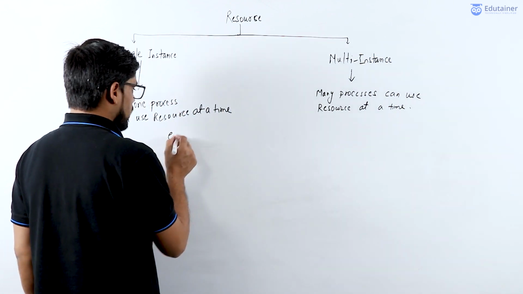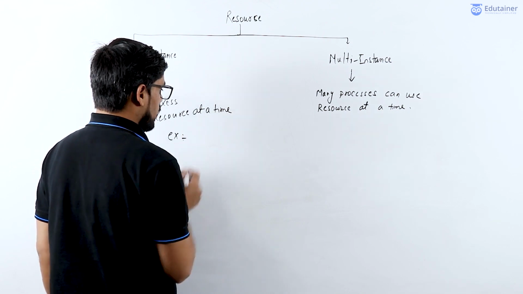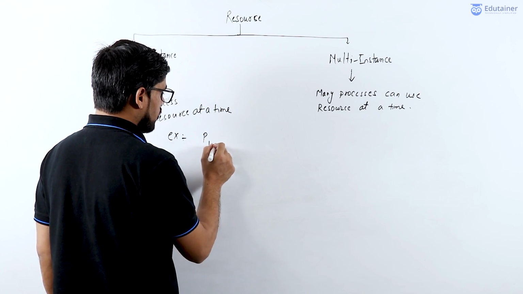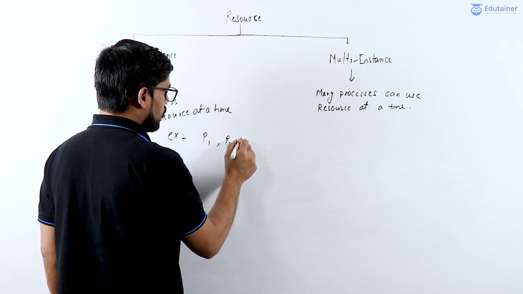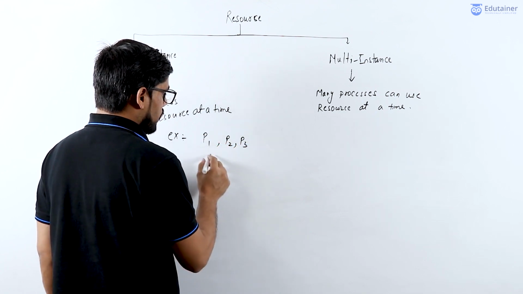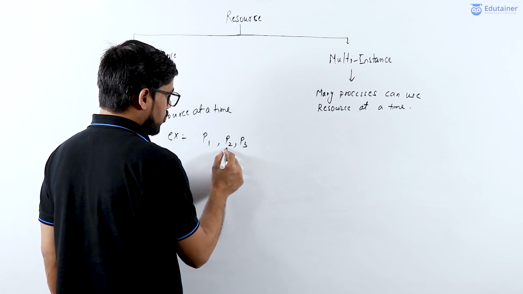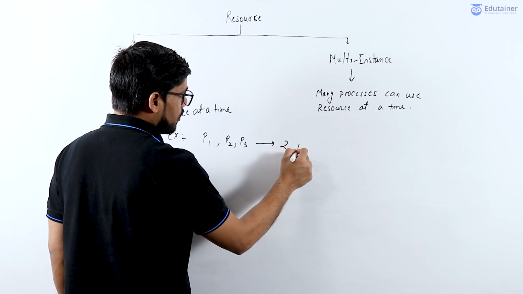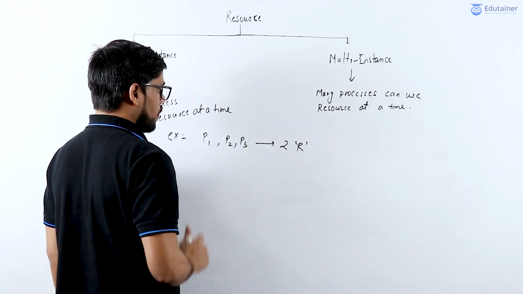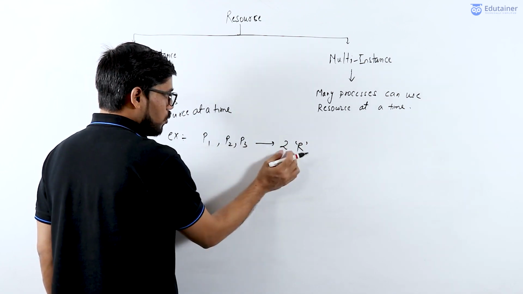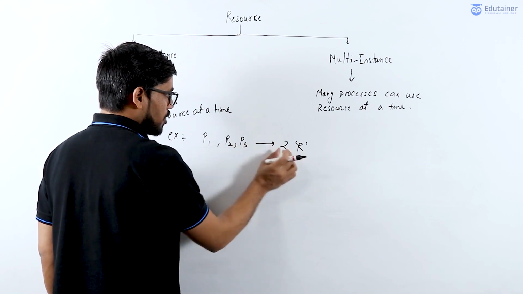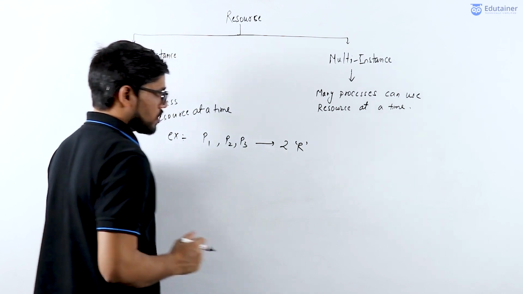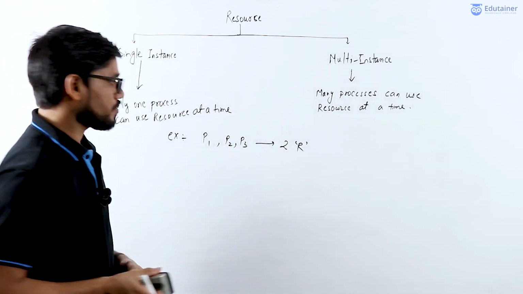Let us take an example. Let's say we have three processes available in the ready state: process P1, process P2, and process P3. Each of them requires 2 units of resource R. Process P1 requires 2 units of resource R, process P2 requires 2 units of resource R, and similarly process P3 requires 2 units of resource R to finish execution.